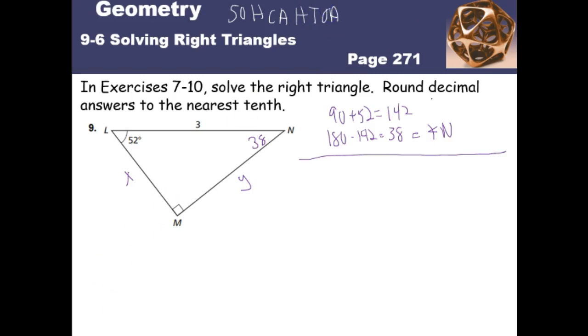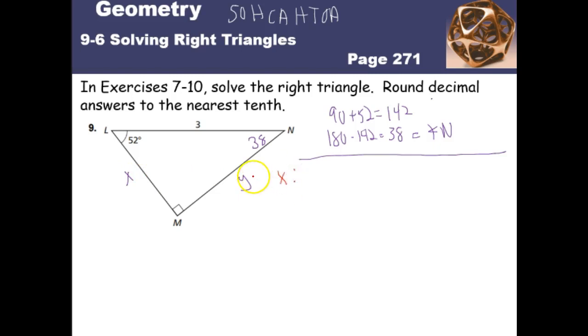So I have to use trig because I only have one side. And since my hypotenuse is 3, it looks like x and y have to be definitely smaller than 3. So we're going to be getting some fairly small numbers here. Okay. So we're starting with x.